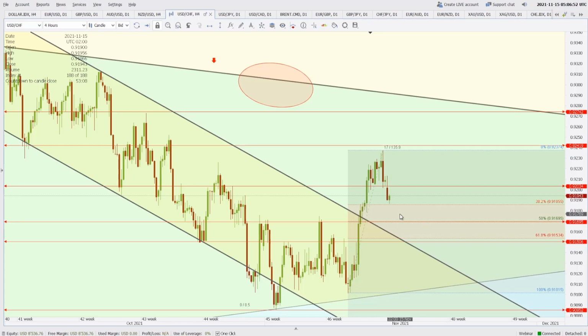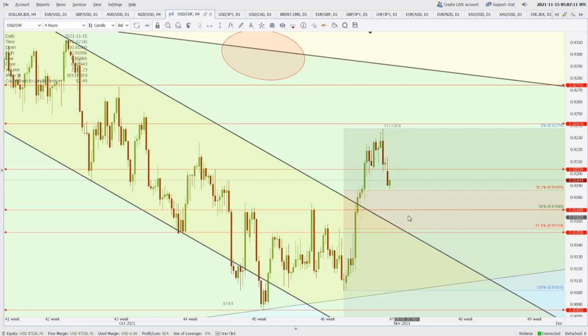So expect the price to drop to 0.9169, which may act as a very good support for the price and push back, and the buyers may be able to push back the price to 0.9241, which is the recent high here. Not 0.9241, which was the recent resistance, but this high here, which is now 0.9237.